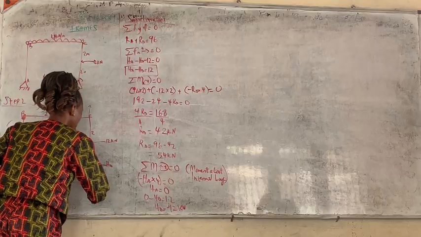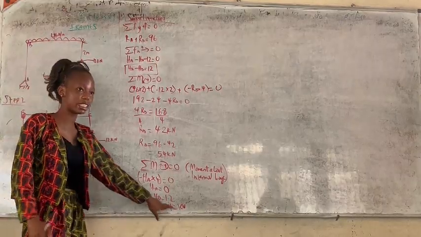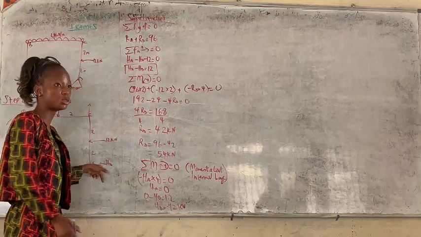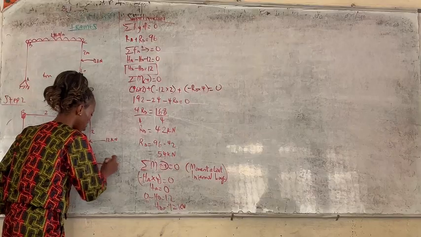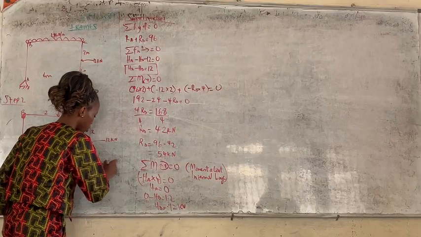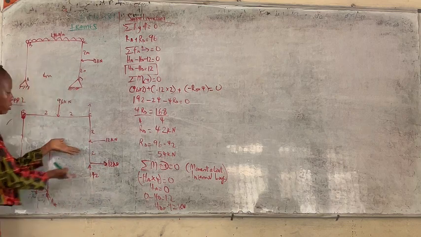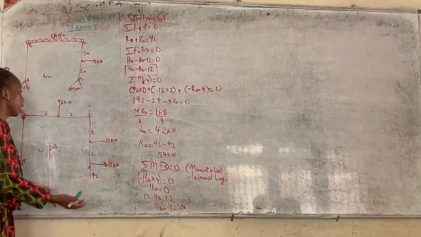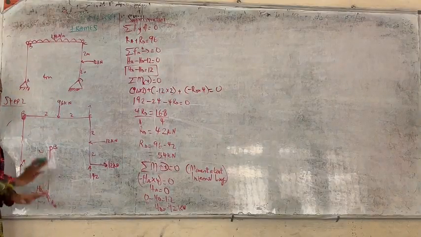It's positive, which tells us the direction we chose is correct. Our HD is negative, telling us that the direction we chose is wrong. So our HD is supposed to come like this. You can see it's balancing out. Even if you add 4 plus 42, you still have 96. So it is balancing.